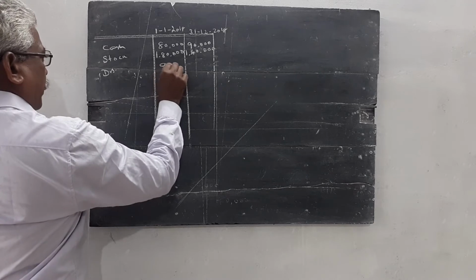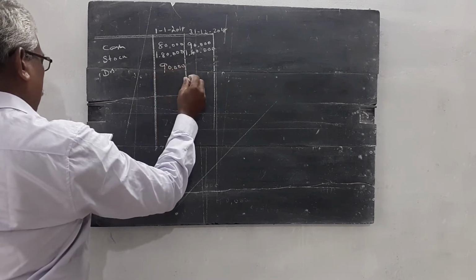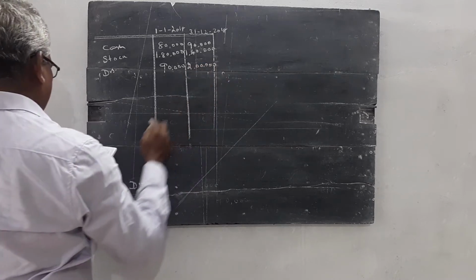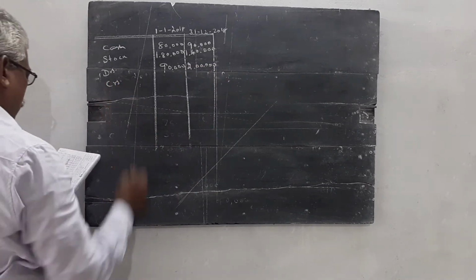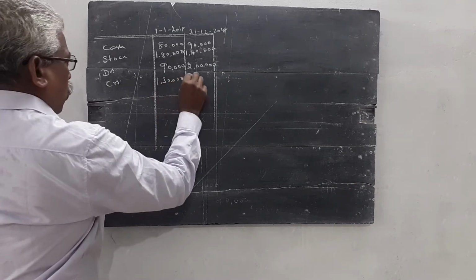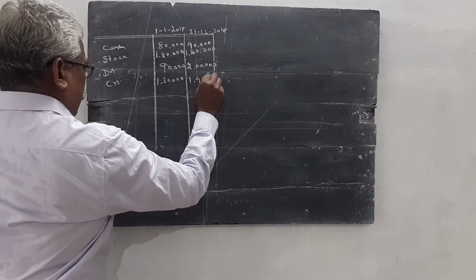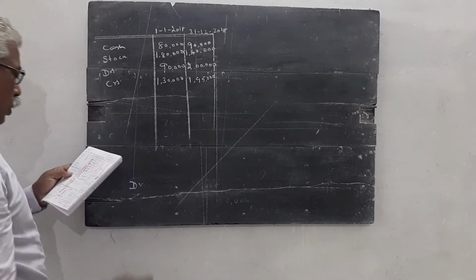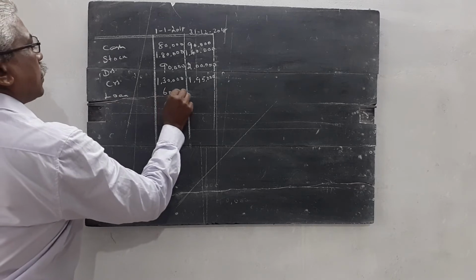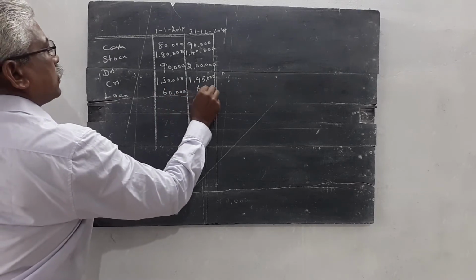90,000 and 2 lakhs. Then creditors 1,30,000, 1,95,000. Then loan 60,000. Here also 60,000.